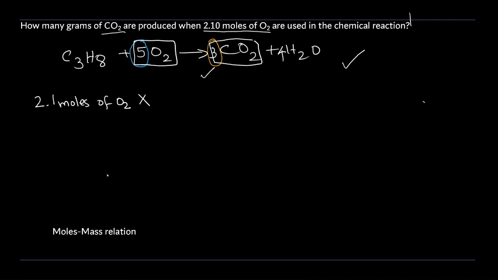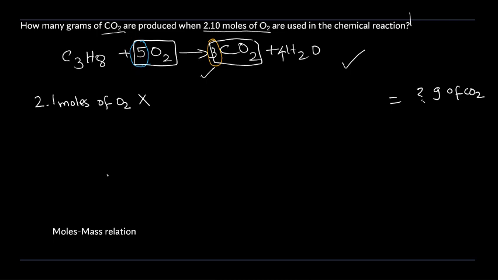I don't want moles of oxygen. I want what they're asking, the grams of carbon dioxide. So I will write how many grams of carbon dioxide will form. I need the grams of carbon dioxide in the numerator, and I want to cancel all other units. First I have to start with cancelling moles of oxygen because that is what I started with.